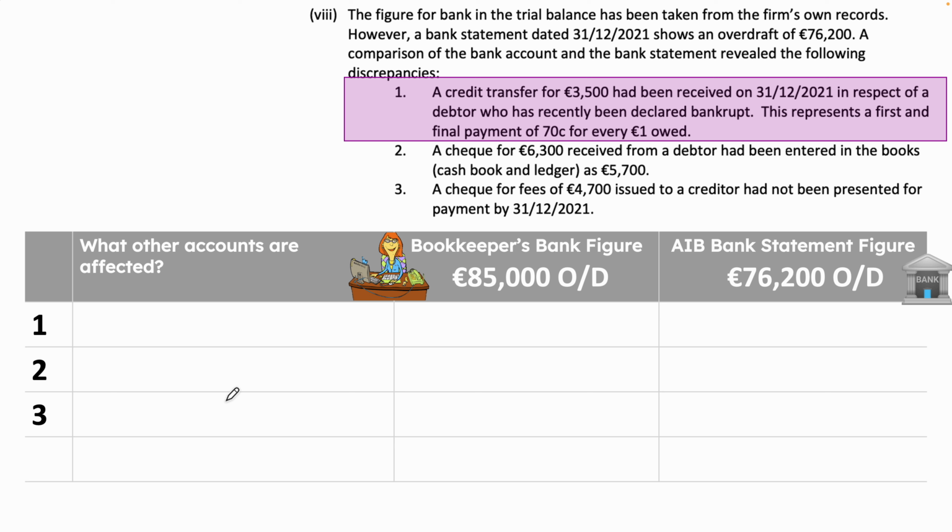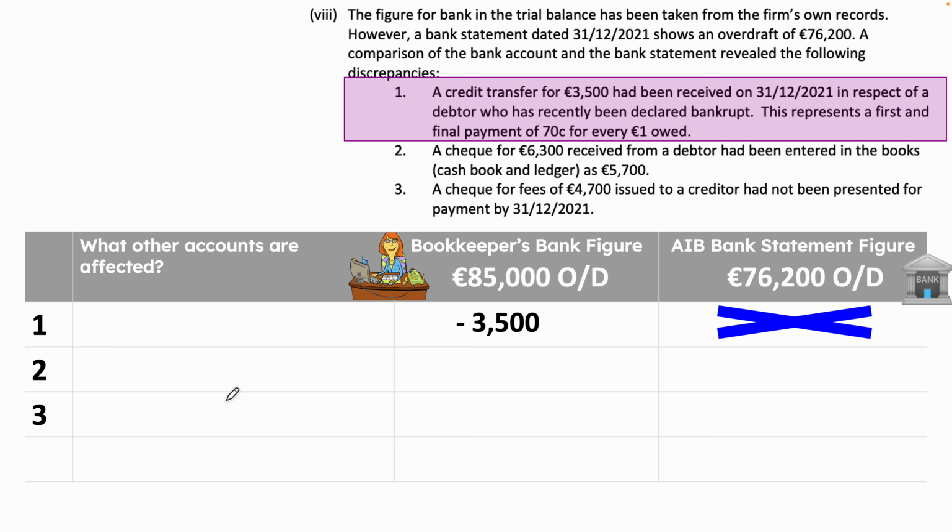So credit transfer 3,500 was received into the bank, because a credit transfer would be received into the AIB bank. The bookkeeper just doesn't know about that. They haven't recorded it yet. So the bank needs to do nothing, but the bookkeeper needs to show that 3,500 came into the bank, and that would reduce the bank overdraft by 3,500.